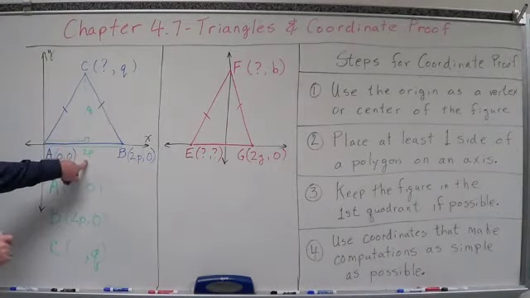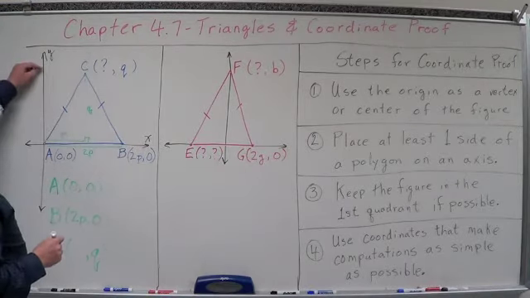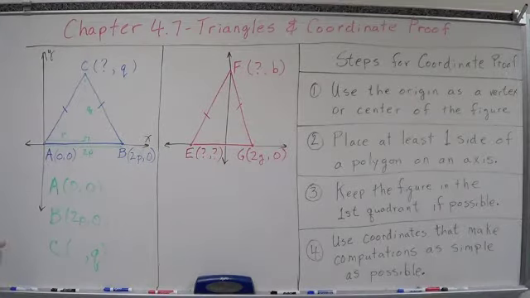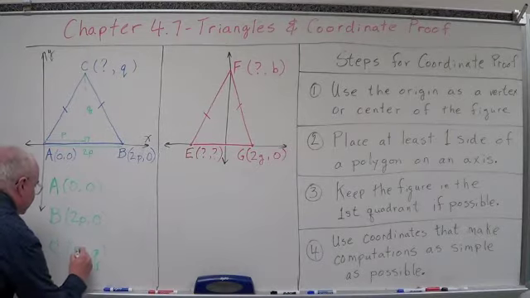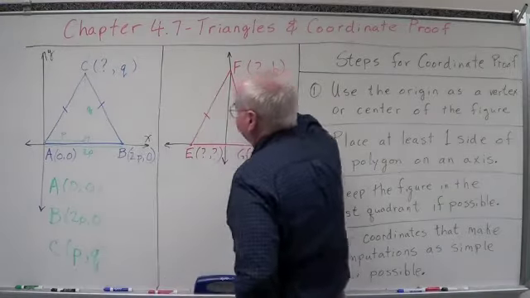Divide 2p by 2 and you get p. So how far is it from the y-axis to C along the x-axis? It's just going to be p. Okay? Looks just like that. Alright? So that's that one.